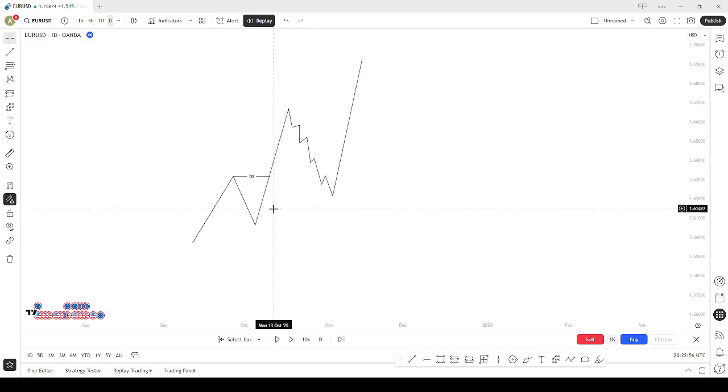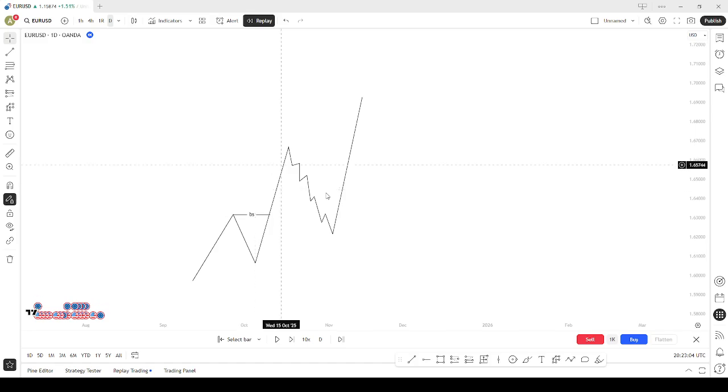Now, to get these things more clear, how do you easily identify them? In most cases, an impulsive move always has consecutive candles. That means three consecutive candles, or candles of the same color or the same move being dominant, right?